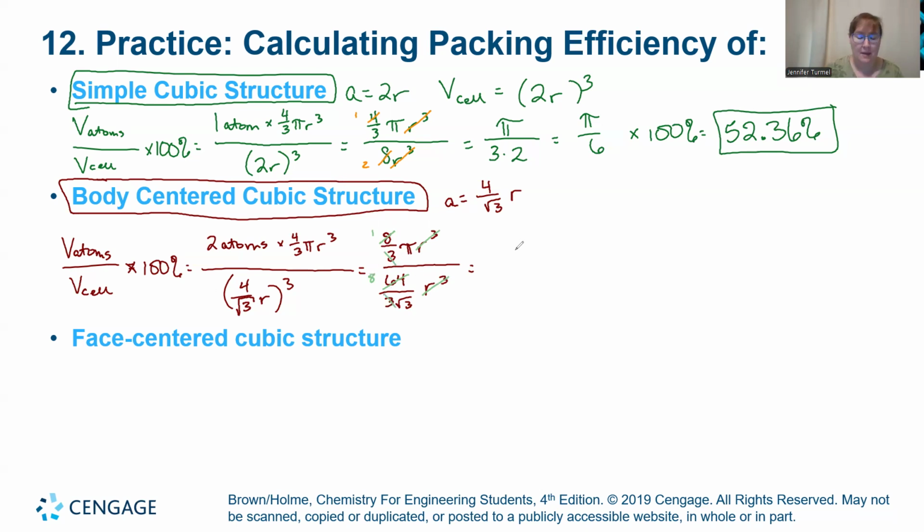Now we are left mathematically with pi over 8 over the square root of 3, which becomes square root 3 pi over 8, times 100%. This gives us a packing efficiency for a body-centered cubic of 68.02%.